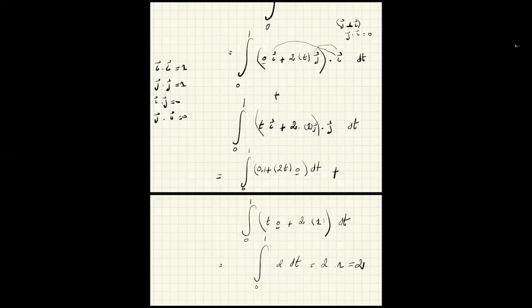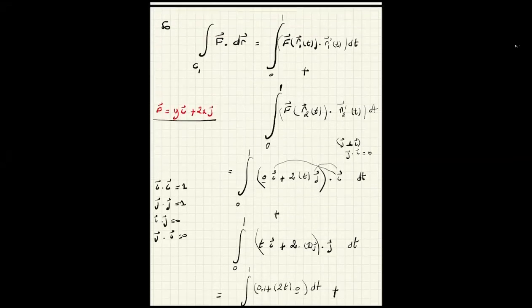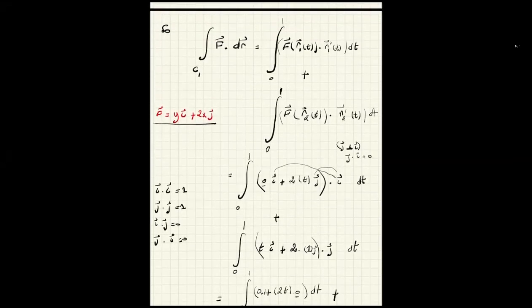So that's how you do it. Now I'm going to encourage you to go and read. It's the exact same thing: parameterize, compute R prime, compute R. Be careful when you see the vector field, plug in, and compute one-dimensional integrals.